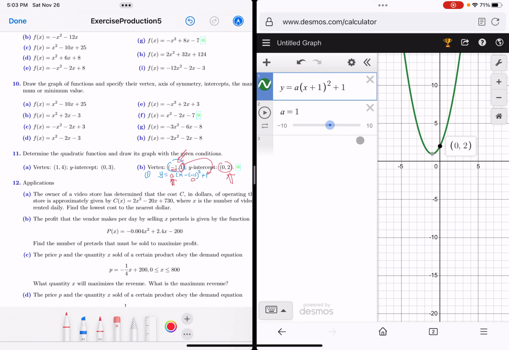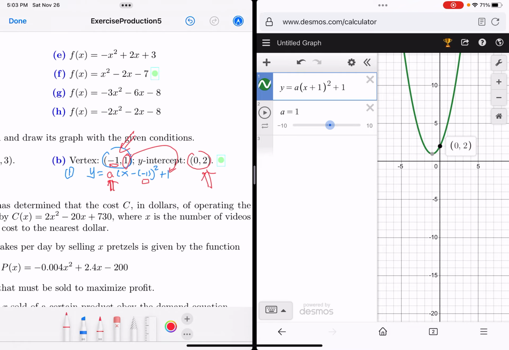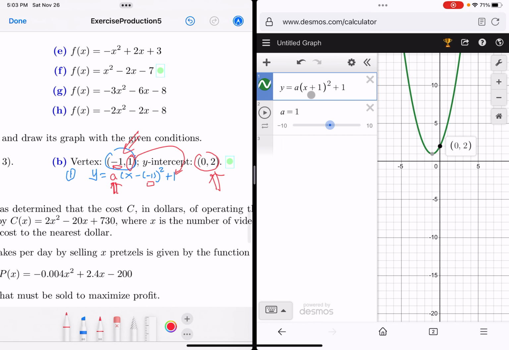You see, I have input my equation: a times x minus -1, which is x plus 1, squared, and then plus 1. The a I put right here.